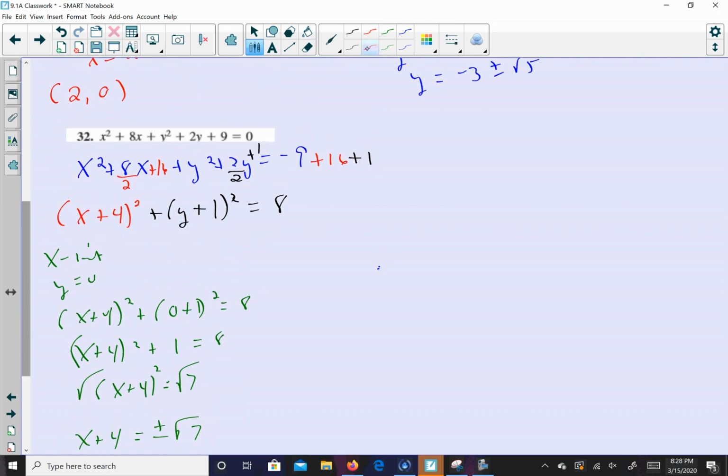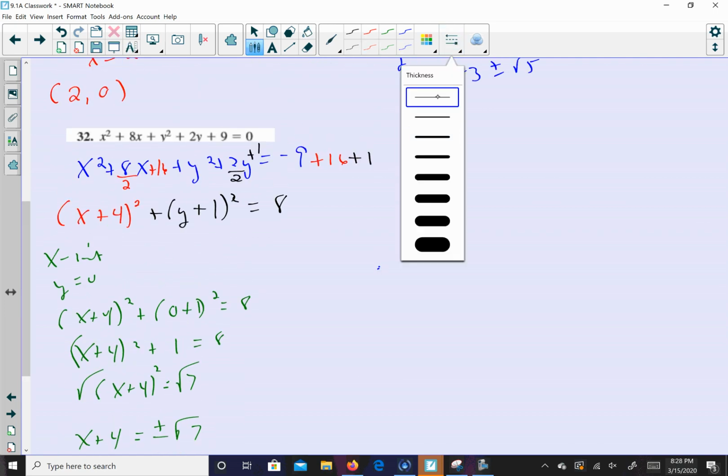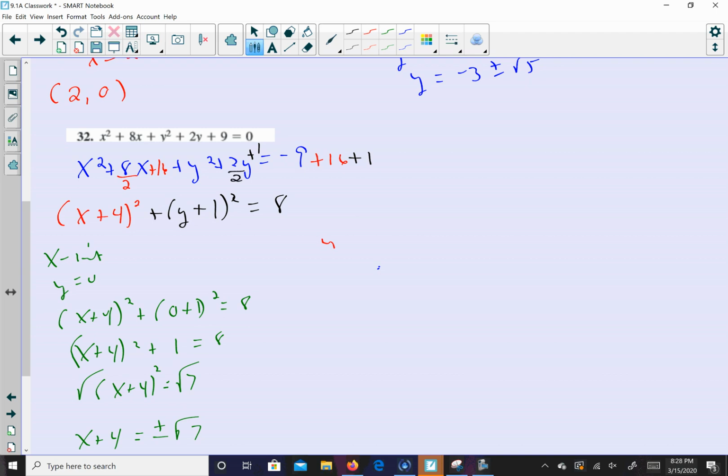Now I'm going to do my y-intercept, and that's going to be when I set x equal to 0.